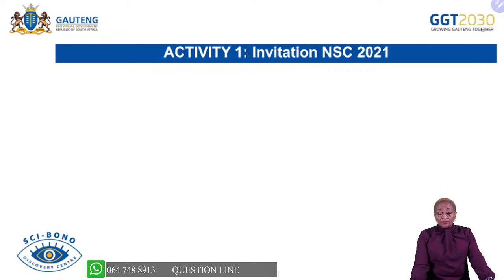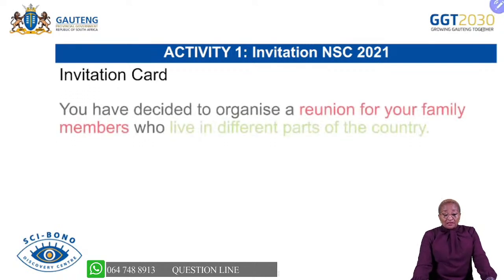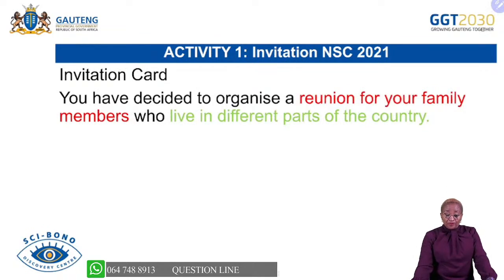This activity has been taken from our NSC paper of the year 2021. Let's have a look at the brief. This is how it goes. You have decided to organize a reunion for your family members who live in different parts of the country.